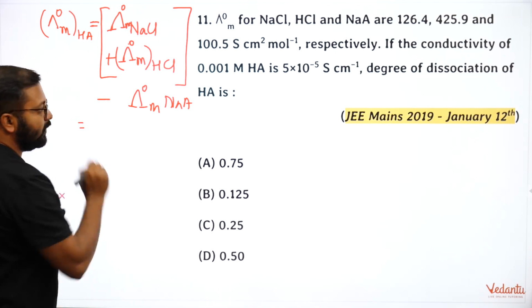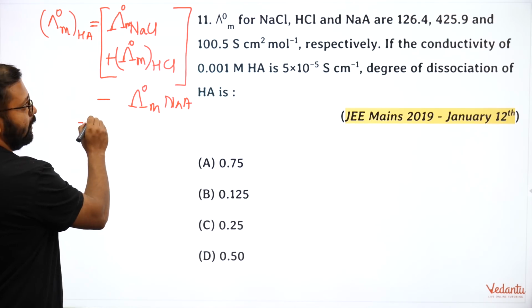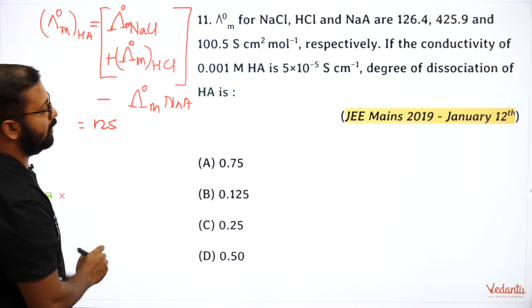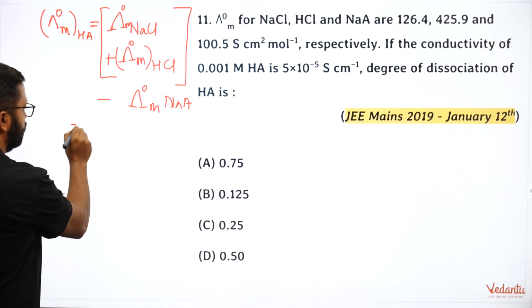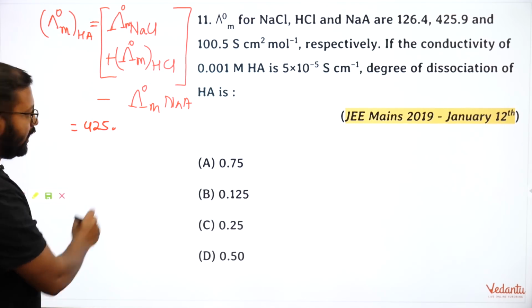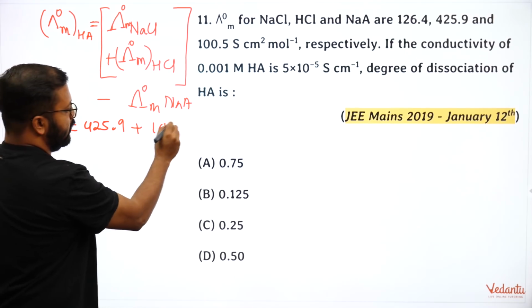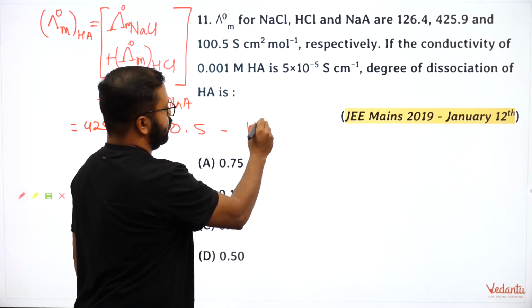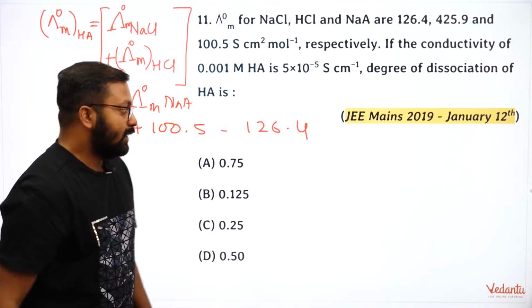This will give us a result: 425.9 plus 100.5 minus 126.4.